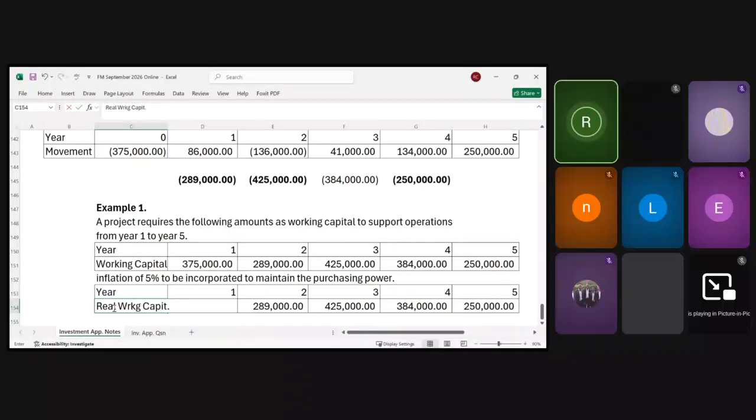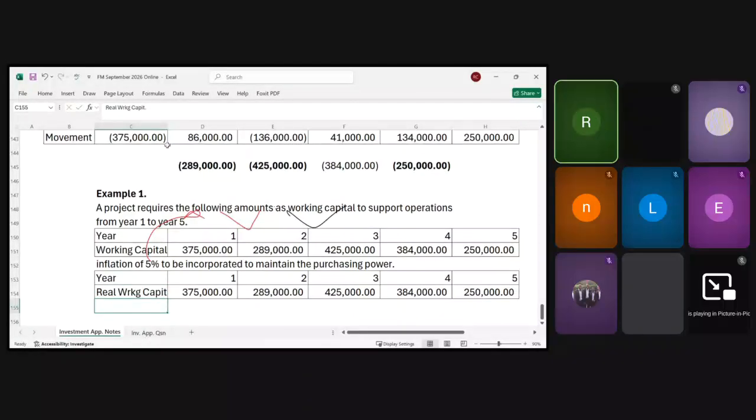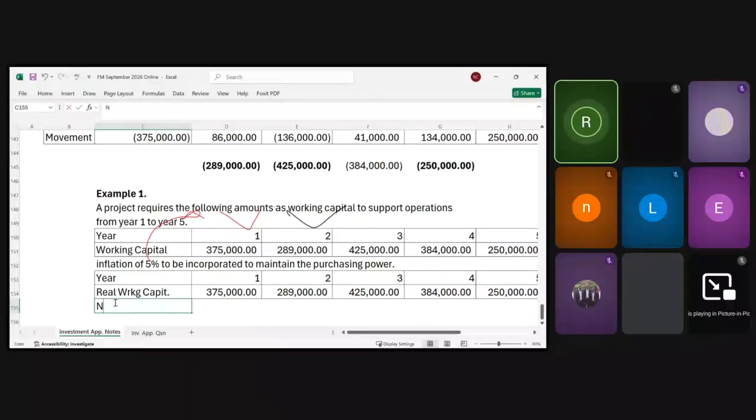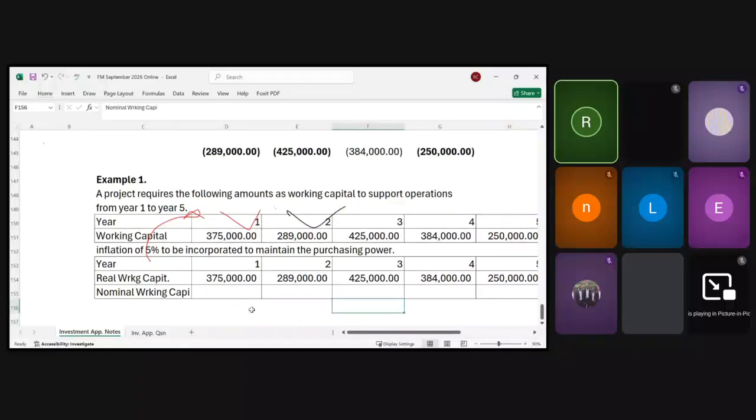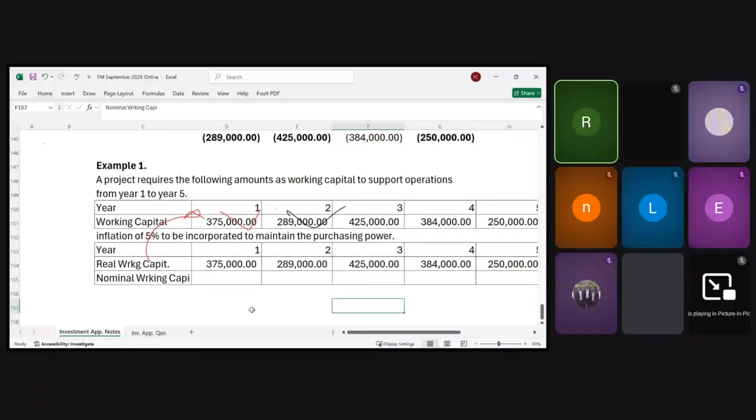And then I'm going to have my nominal working capital. Okay, so I want to incorporate 5% inflation. All right, so this is what happens.